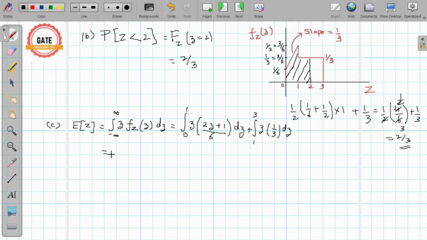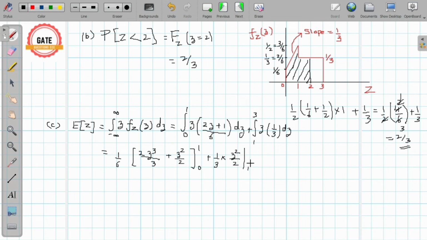So this will be equal to 1 by 6, integration of z square is z cube by 3, plus integration of z is z square by 2, limits 0 to 1, plus 1 by 3 integration of z is z square by 2.